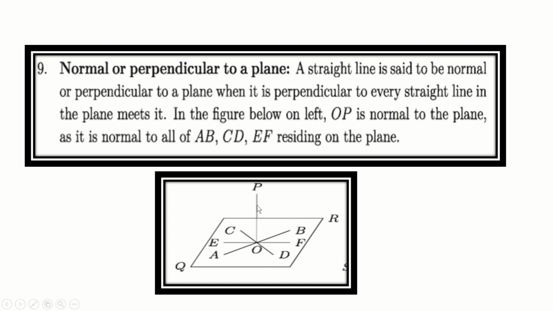Here OP is normal to the plane because it is perpendicular to the plane, as it is normal to all of AB, CD, EF residing on the plane. That means OP is perpendicular to the line AB or CD or EF. So OP is a normal, or we can also say this is a perpendicular.